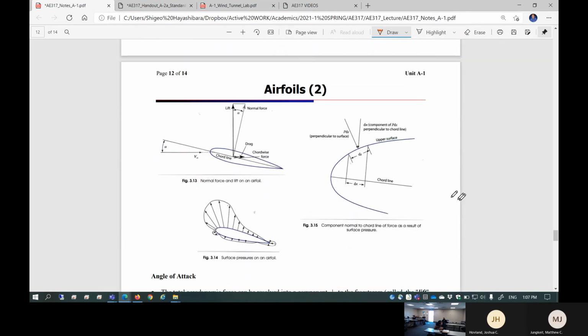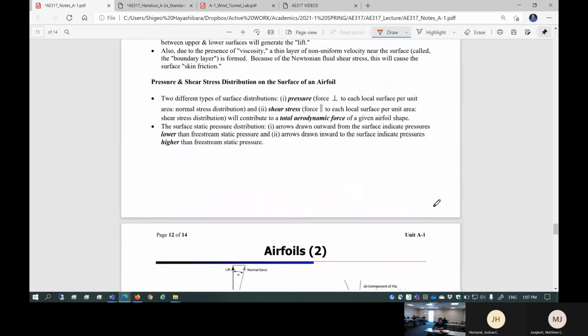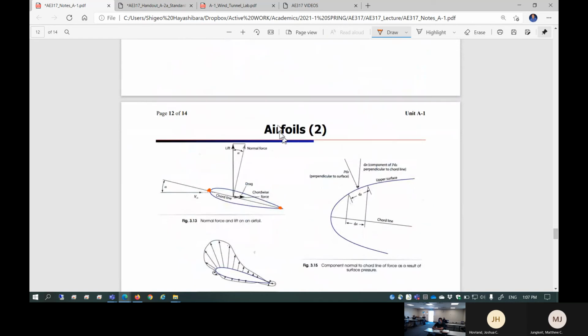Now you're going to determine the chord line of a cross section. Chord line is a straight line connecting the leading edge to the trailing edge. This is called the chord line. Okay? And if you integrate all the pressure and the shear stress distribution over the surface, you're going to come up with a resultant force.